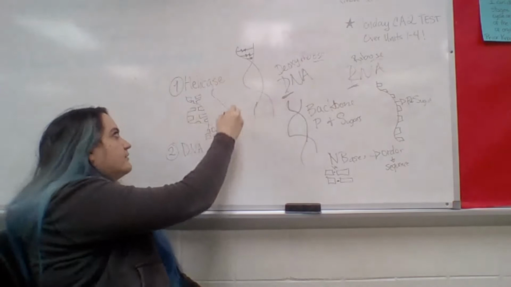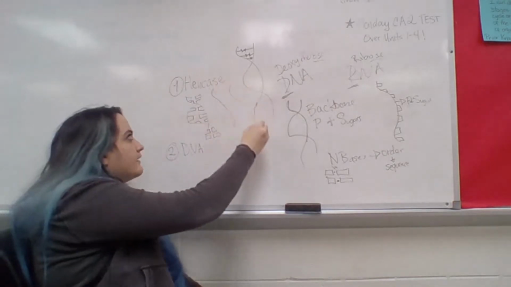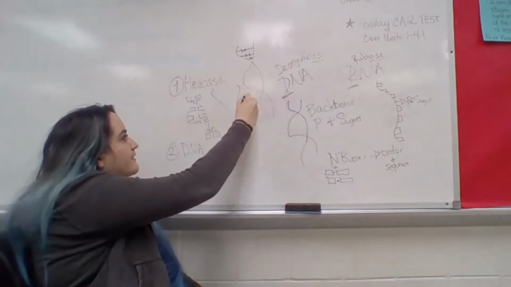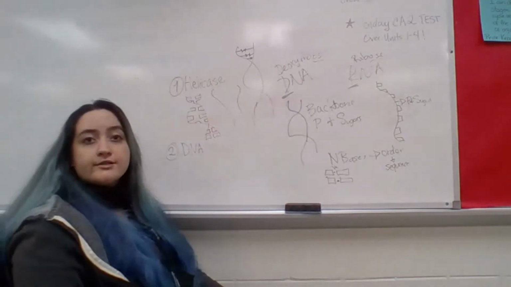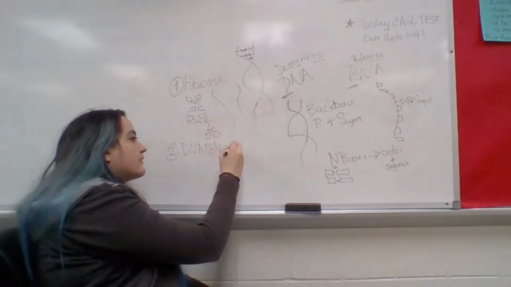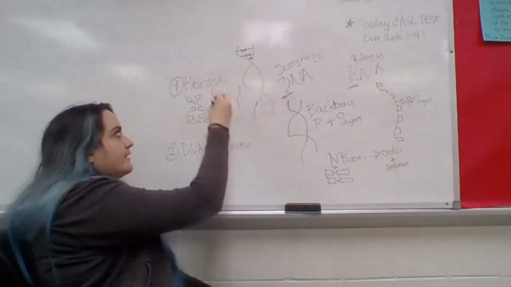Step number two, that's going to be the DNA polymerase. So we're going to have one strand here and the other strand backwards, the other strand there. So now that they're separated, the DNA polymerase is going to come in.